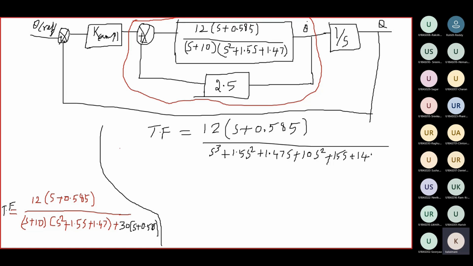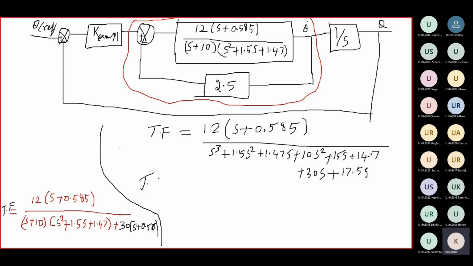Then we multiply inside 30S, and plus 30 into 0.585, we will get 17.55.